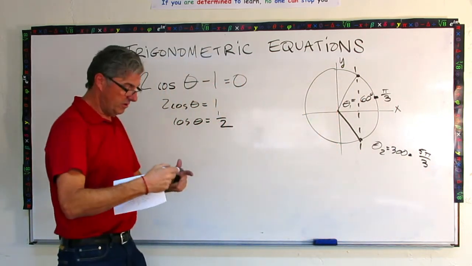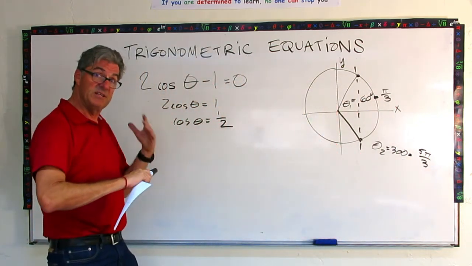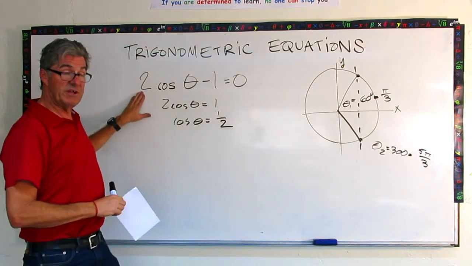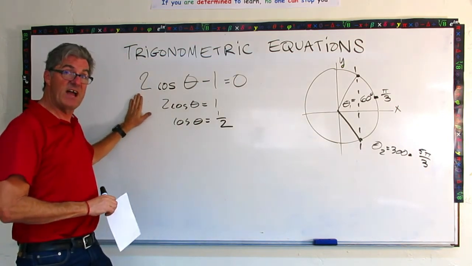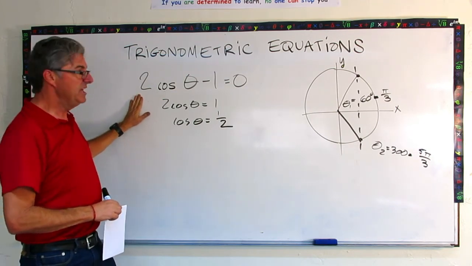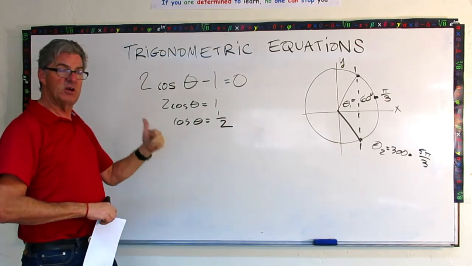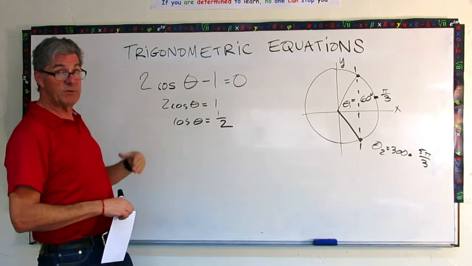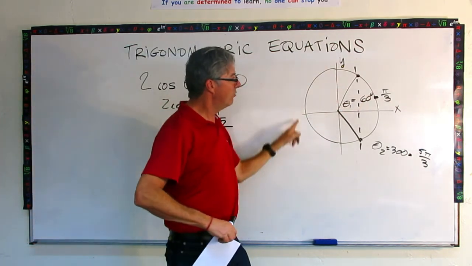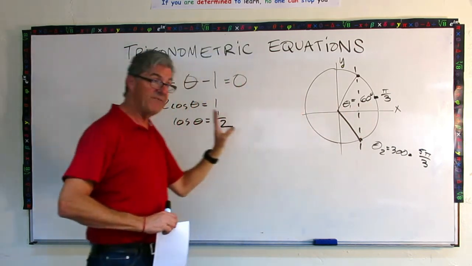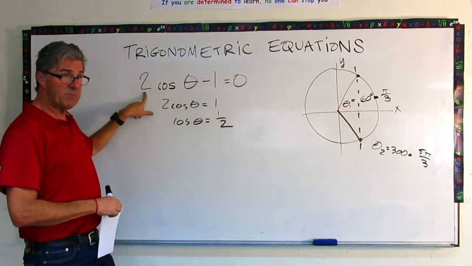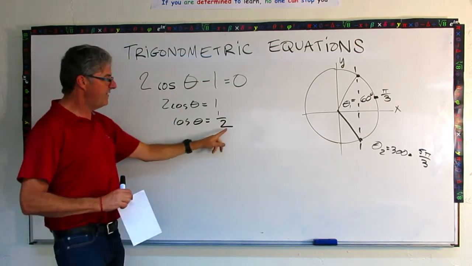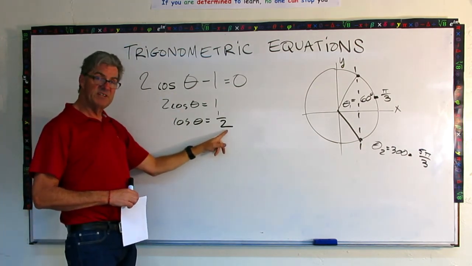Okay? So to kind of summarize what we did in this problem, which is similar to the ones we did just a second ago, we have a trigonometric expression, and we're asked to find the values of theta in the range of theta goes from 0 to 2 pi radians. Okay? So that's the range. That means one circuit around the unit circle. So that's all we have to look at. So then I took my expression, I used some algebra to get cosine theta alone. I found what the value of cosine theta was. That's 1/2.